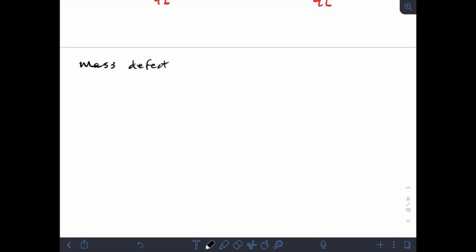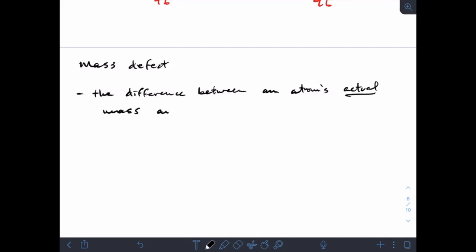And along with mass defect, we're also going to talk about binding energy. But mass defect is the difference between an atom's actual mass and the calculated mass of the sum of its nucleons, the nucleons being the protons and neutrons.